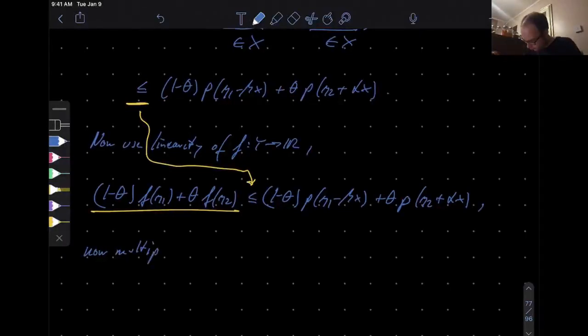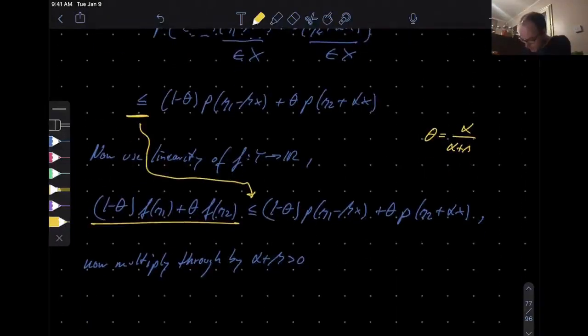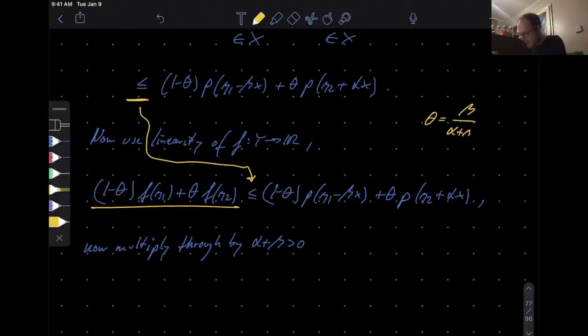because now multiply through by alpha plus beta, which is a positive number. So remember, theta was alpha, or was it beta? Yeah, it was beta divided by alpha plus beta, and 1 minus theta is alpha divided by alpha plus beta.